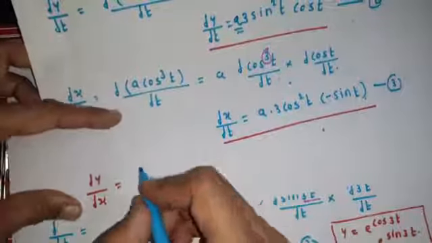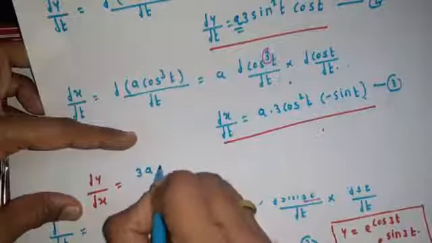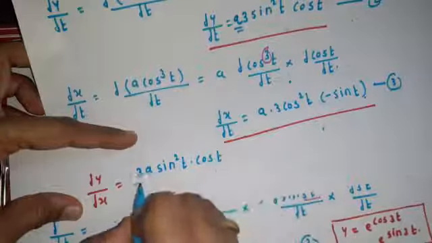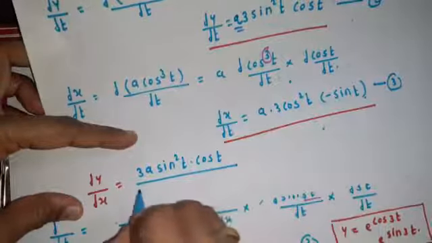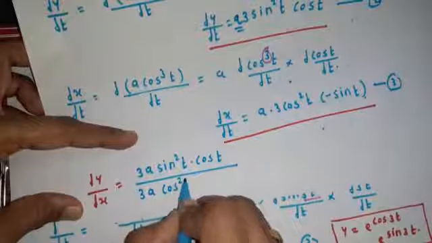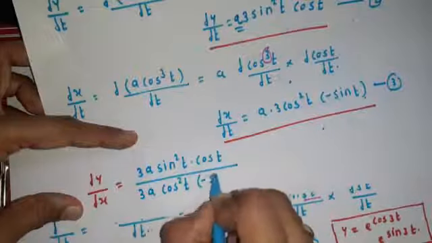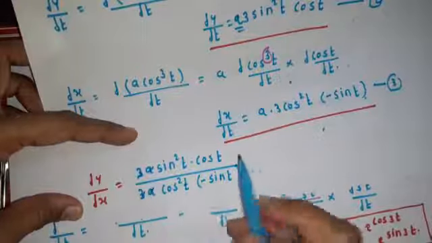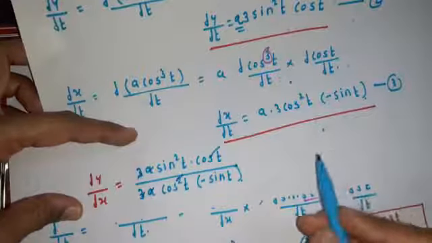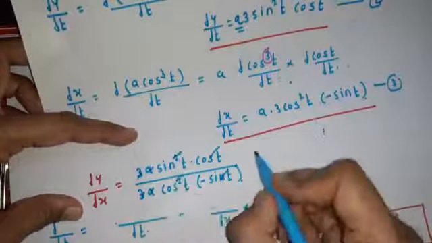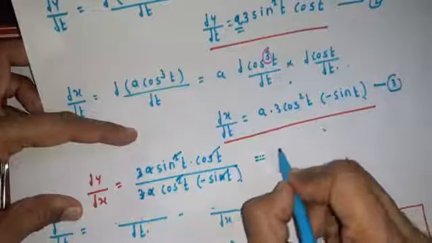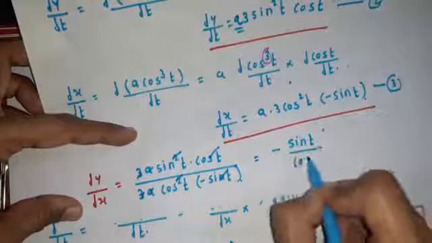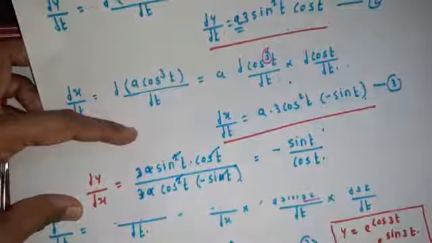What is dy by dt? dy by dt equals 3a sine square t into cos t upon dx by dt, which is 3a cos square t into minus sine t. Okay, so here 3a gets cancelled, cos t gets cancelled, sine t gets cancelled, and this is equal to minus sine t upon cos t. This is dy by dx.